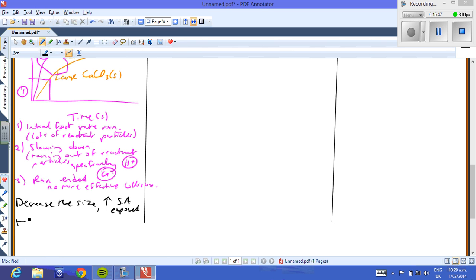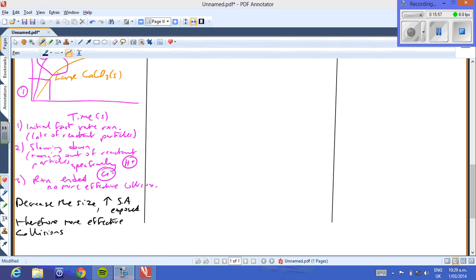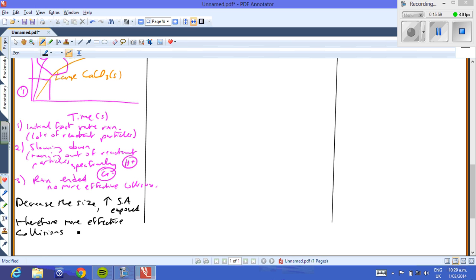Therefore, you have more effective collisions between the reactant particles, and therefore the rate of reaction increases.